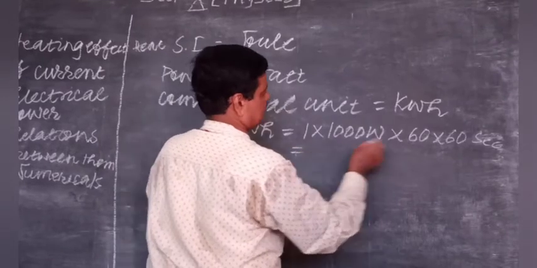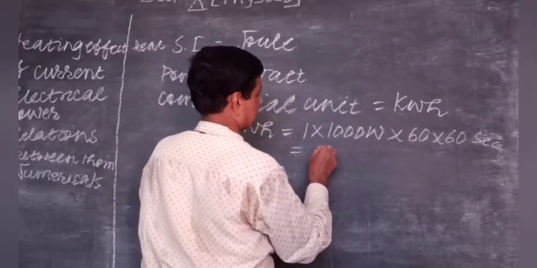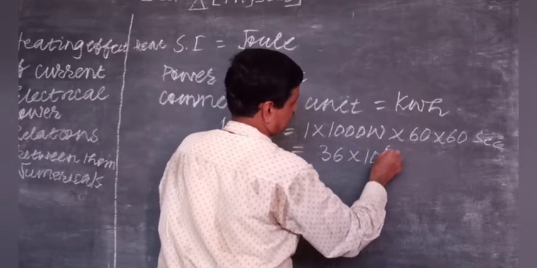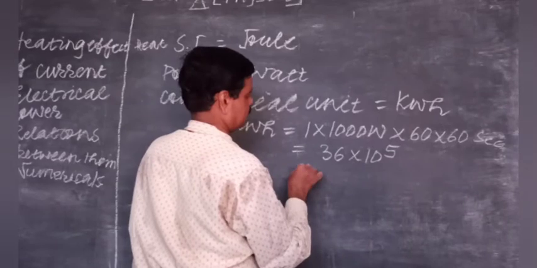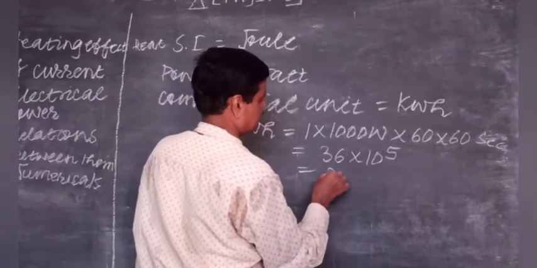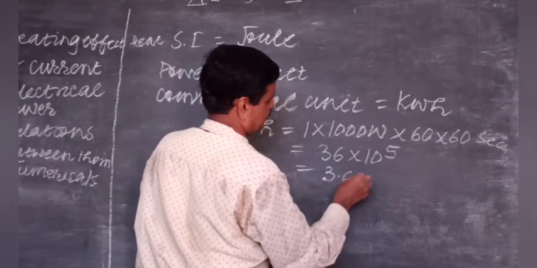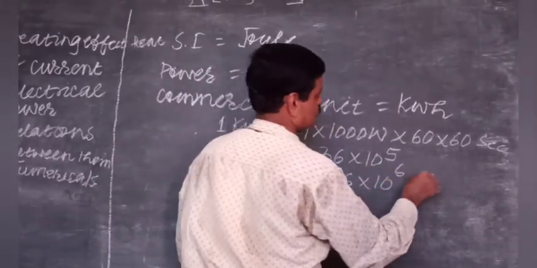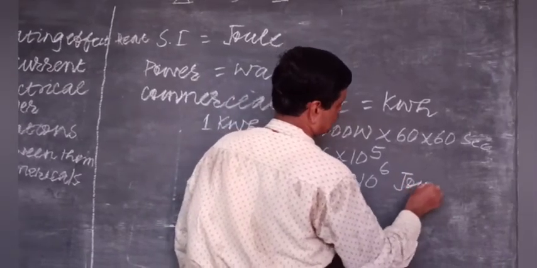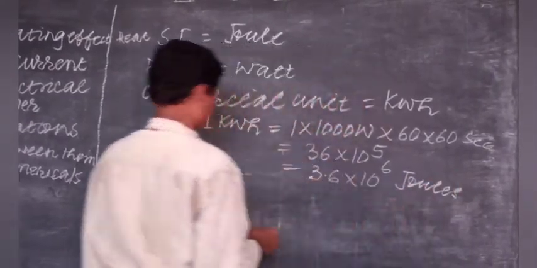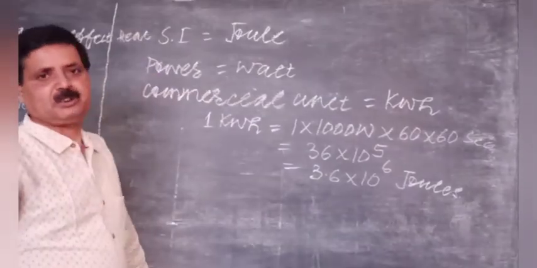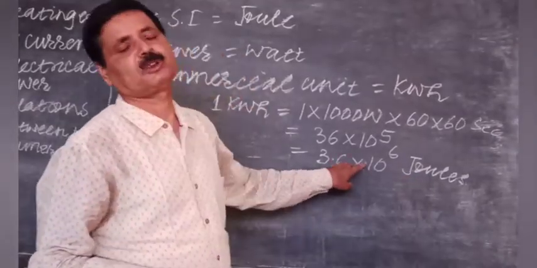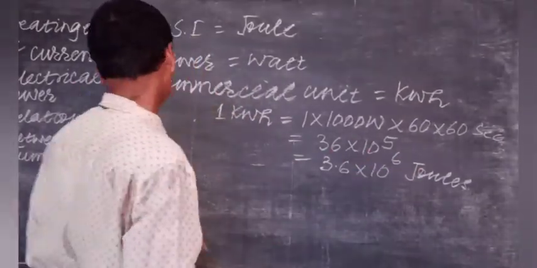So it can be written as 36 into 10 to the power 5, which is 3.6 into 10 to the power 6 joule. So 1 kilowatt hour, the commercial unit, in terms of joule is 3.6 into 10 to the power 6 joules.